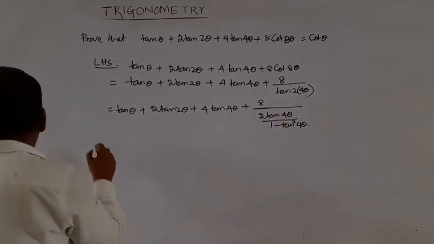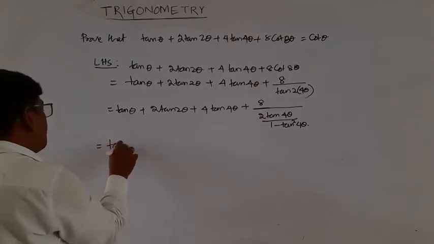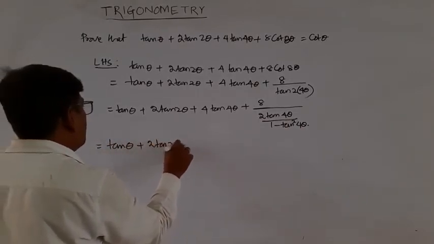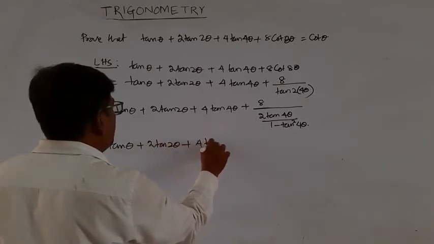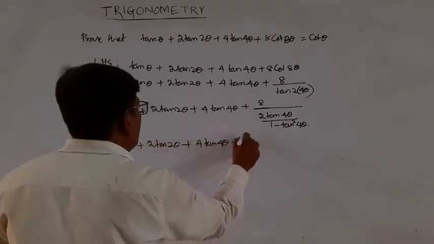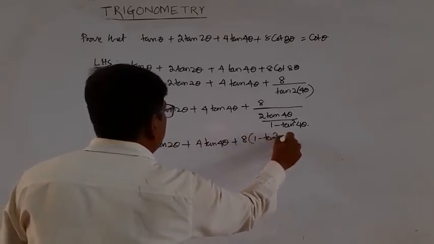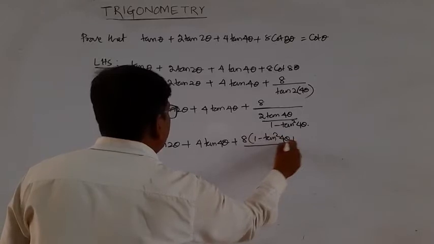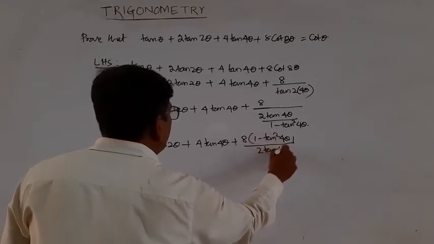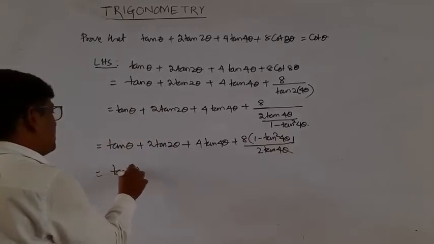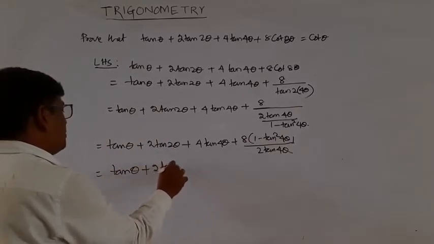So this is equal to tan theta plus 2 tan 2 theta plus 4 tan 4 theta plus 8 into 1 minus tan square 4 theta by 2 tan 4 theta, that is equal to tan theta plus 2 tan 2 theta.